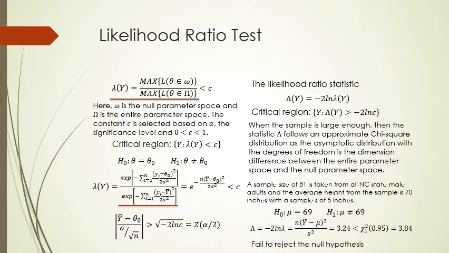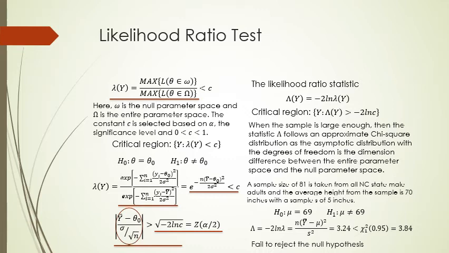We may simplify lambda as this, which should be less than c. Thus, we have this. Since the circled term is the z-score, the likelihood ratio test may be transformed to a two-tailed one-sample test if we select C according to this equation.